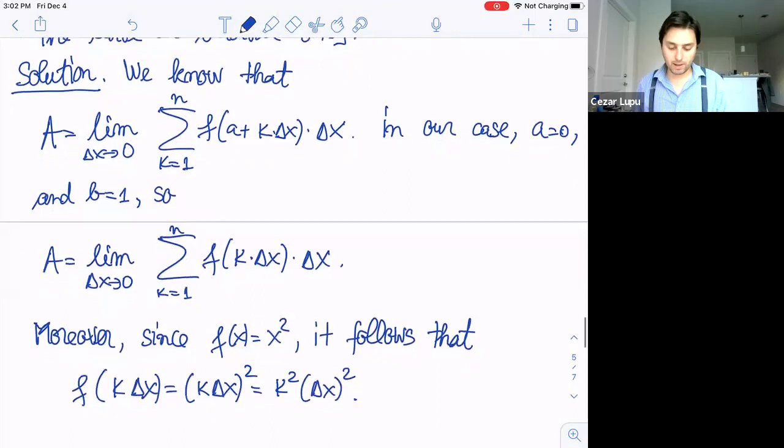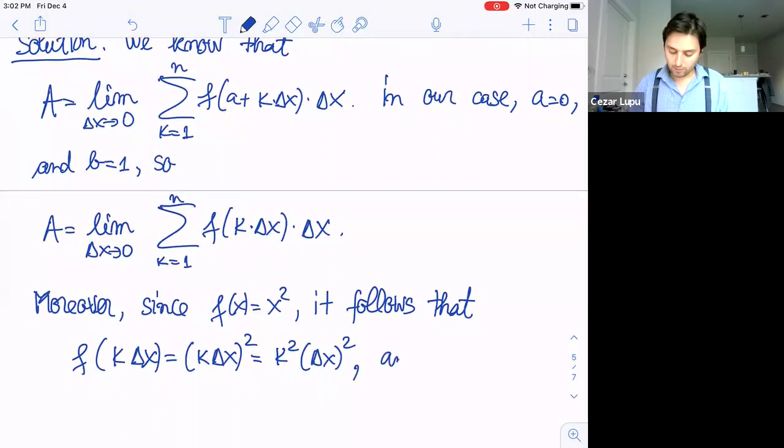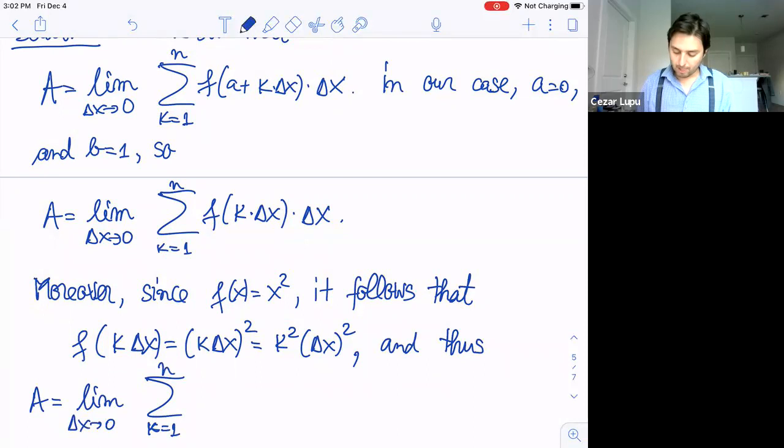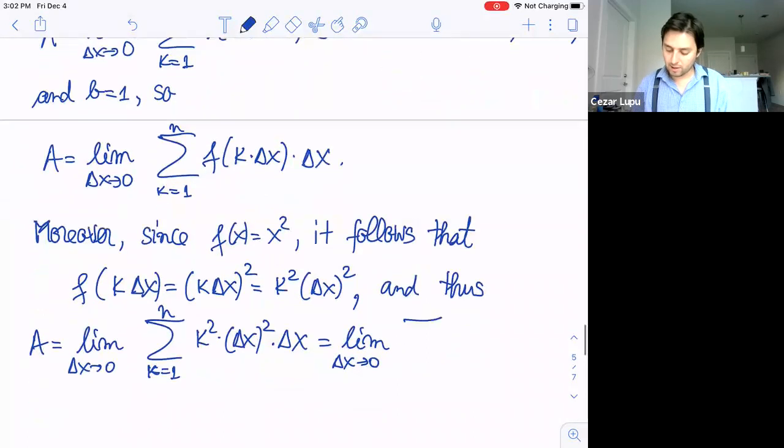All right, and now we can plug it in, and thus the area will become the limit as delta x approaches 0 of the sum from k equals 1 to n of k squared delta x squared times delta x, which is the limit as delta x approaches 0 of the sum from k equals 1 to n of k squared times delta x cubed.